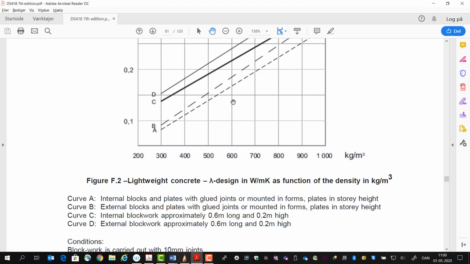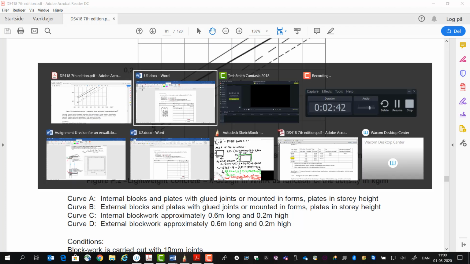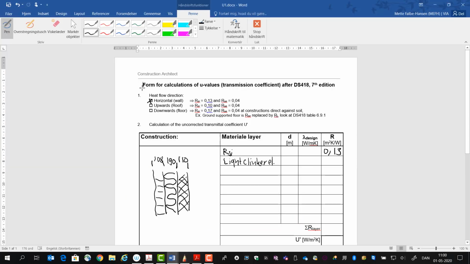So go up here, and then we'll go over here, and we can see it's approximately 0.17. So go back and write that the lambda value is 0.17, and the thickness of the element was 0.11.